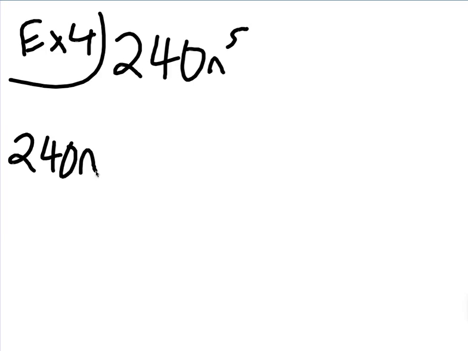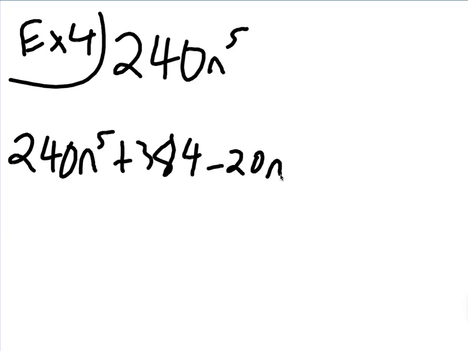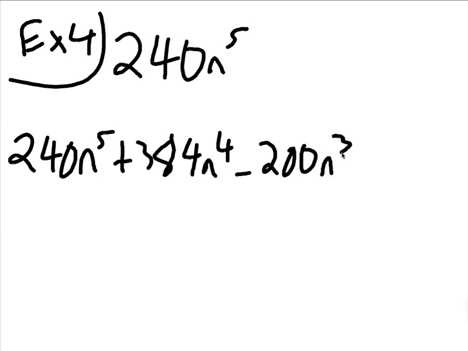All right, 240 n to the fifth plus 384 n to the fourth minus 200 n cubed minus 320 n squared.